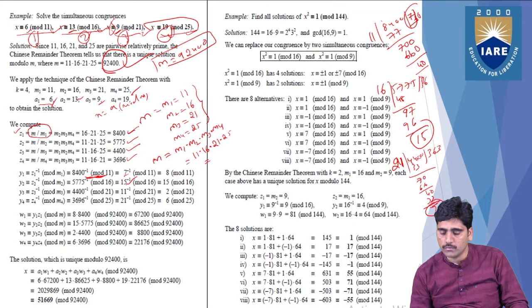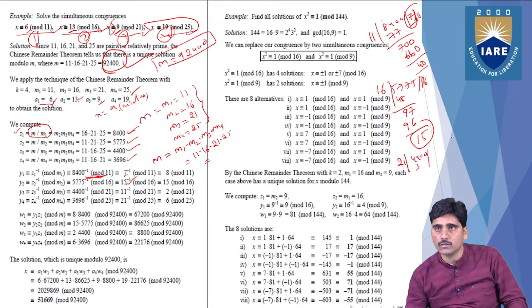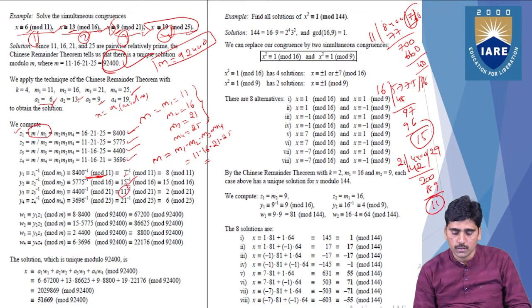So you should divide 4400 with 21. 21 times 2 is 42, so 2 0 is the remainder, and again 0. 21 times 9 is 189, so the remainder is 11. So the same 15 here, and here also 7. These are the remainders you will get.